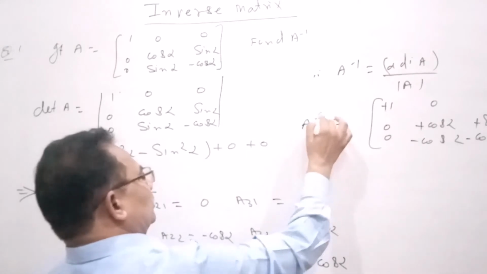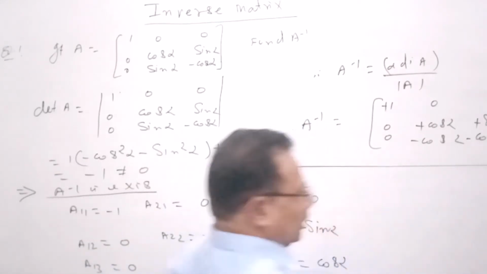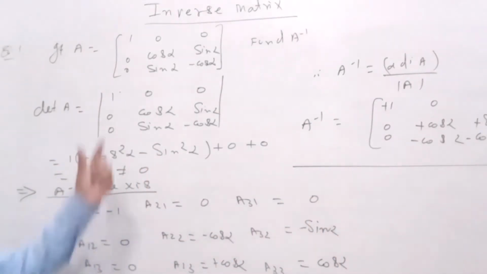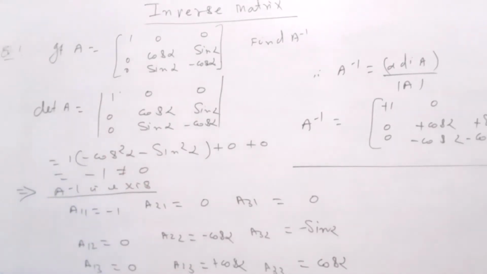So therefore the inverse of this square matrix should be equal to this.